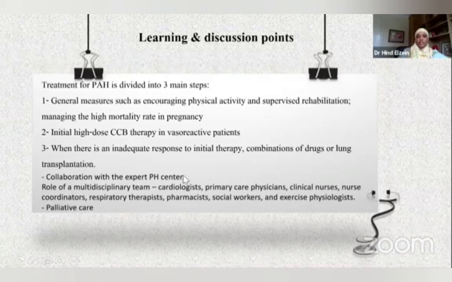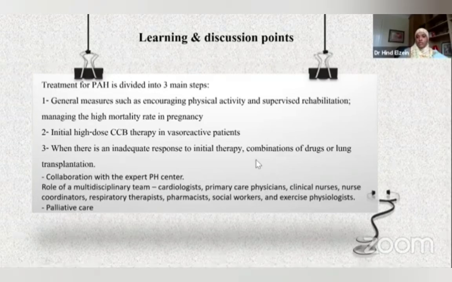And I would like to mention here, it's very important that patients with significant pulmonary hypertension have an expert opinion. They should be referred to the pulmonary hypertension centers. And it's also very important to mention the role of the multidisciplinary team in the management of those patients.